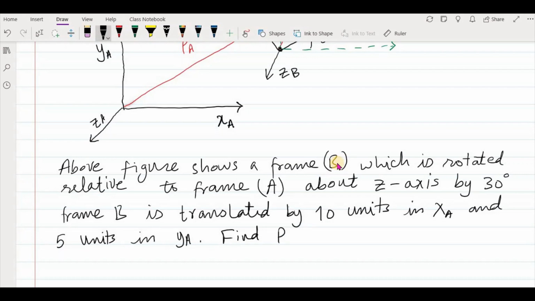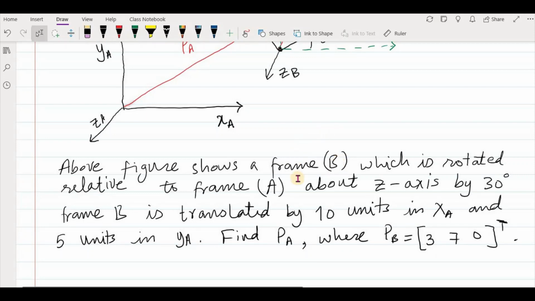Find your position vector A, where your position vector B is [3, 7, 0] transpose here.